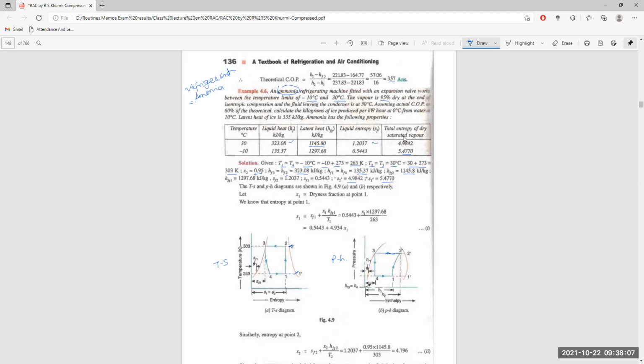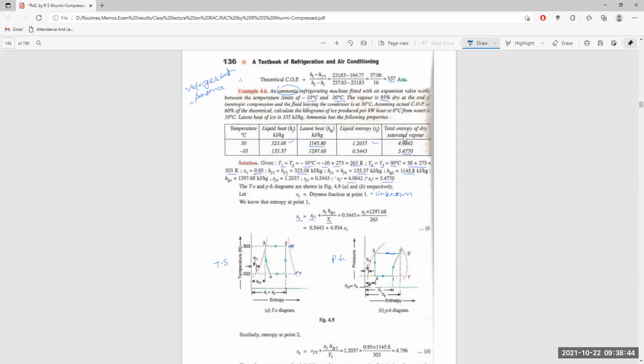So from the pH diagram, what we have found here, X1 is the dryness fraction at point 1, which is unknown. And we know at point 1, entropy S1 is equal to the entropy of the fluid at the liquid state plus X1, the dryness fraction, multiplied by the latent heat of evaporation HFG at 1, divided by the absolute lower temperature T1.